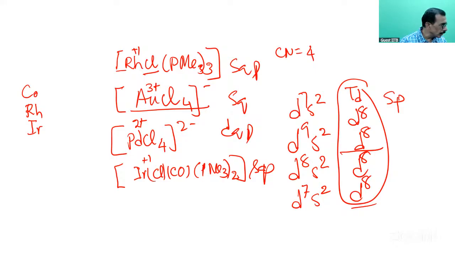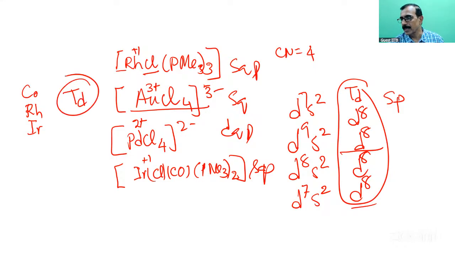No, that's incorrect. That is square planar. Yeah, it has to be Au1, it should be 3 minus. If it is 3 minus, it is tetrahedral. Otherwise, Au3 plus is square planar. Is that clear for you?